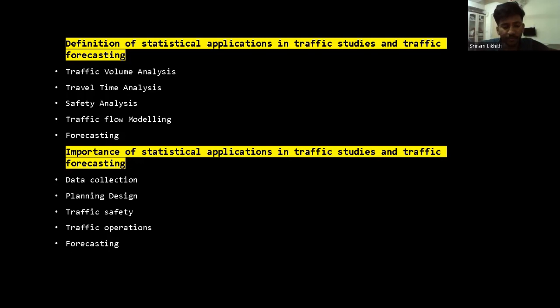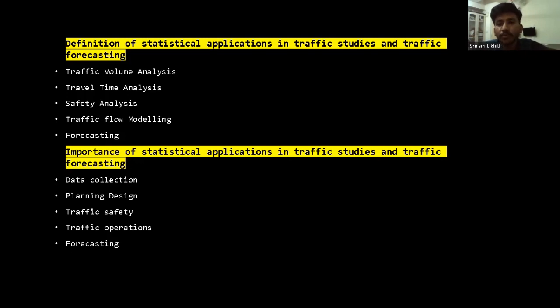If we come to the traffic volume analysis, statistical methods are used to estimate the traffic volume data by sensors activated in the traffic signals using regression analysis and some artificial intelligence techniques, and predict the future traffic volume to avoid accidents. Travel time analysis.